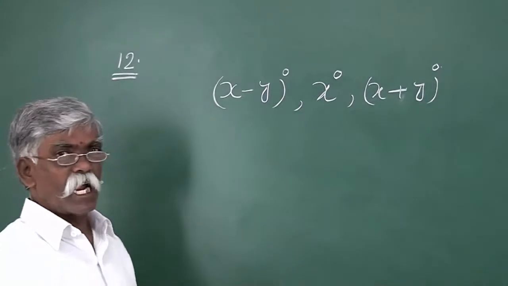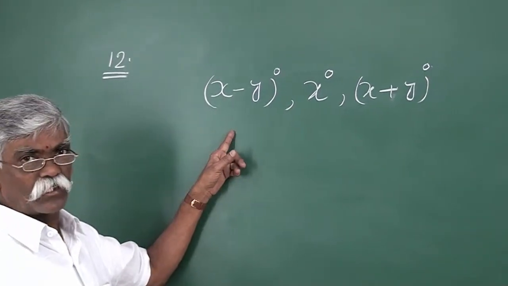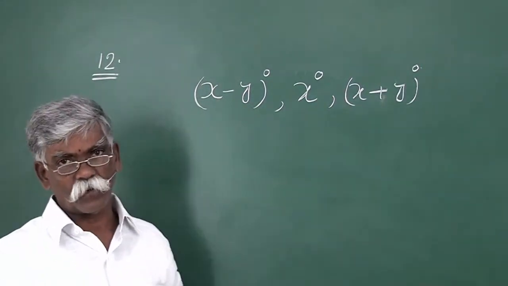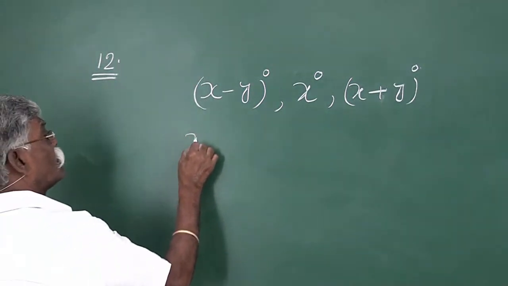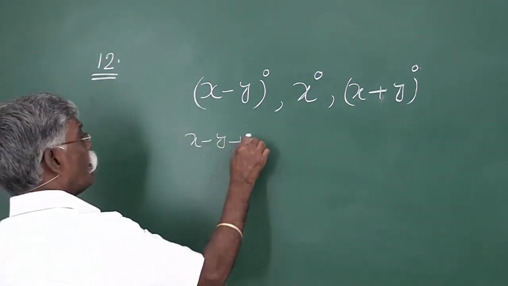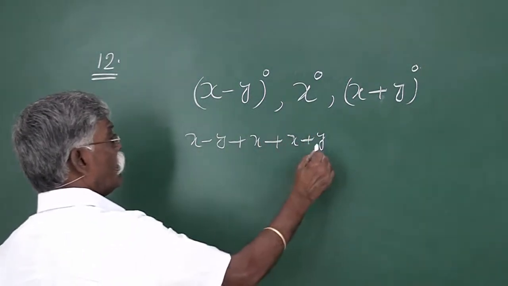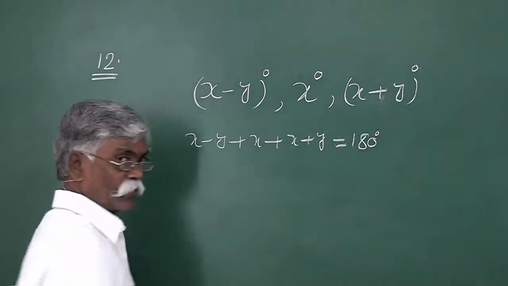So since the angles of the triangle are in AP, we are taking the angles as x minus y degrees, x degrees, and x plus y degrees. Now, the sum of the three angles x minus y plus x plus x plus y is equal to 180 degrees.